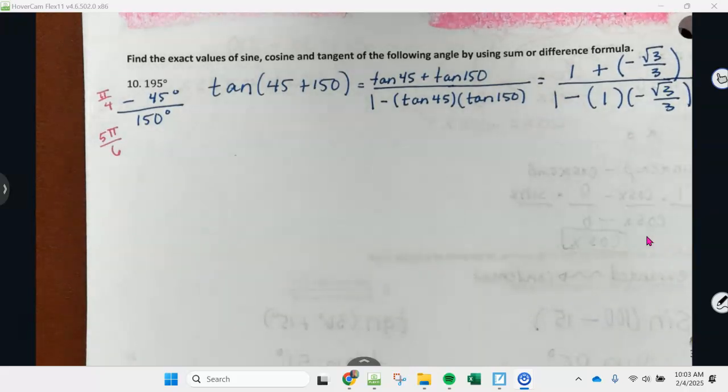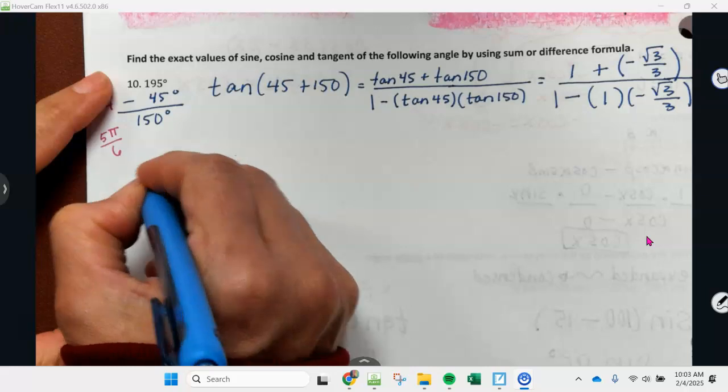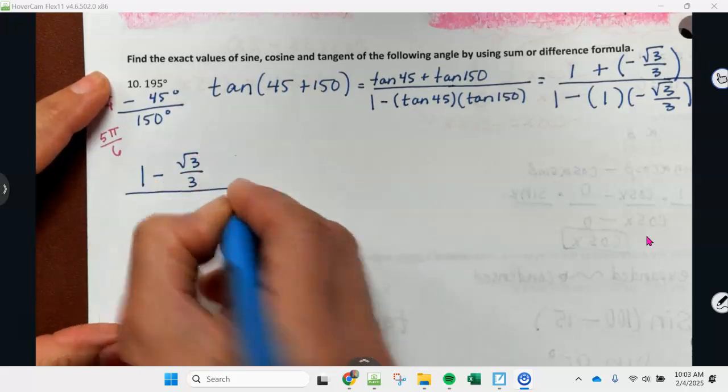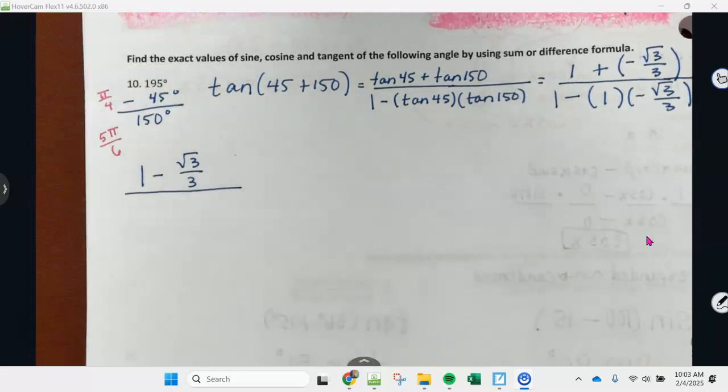Okay, so I've just plugged it in. I'm going to clean up the way it looks. Y'all, the numerator, when you add a negative, it's just subtraction. So the numerator, I'm going to put right here, it's going to be 1 minus root 3 over 3. There's the numerator. And then for the denominator, don't forget your order of operations.